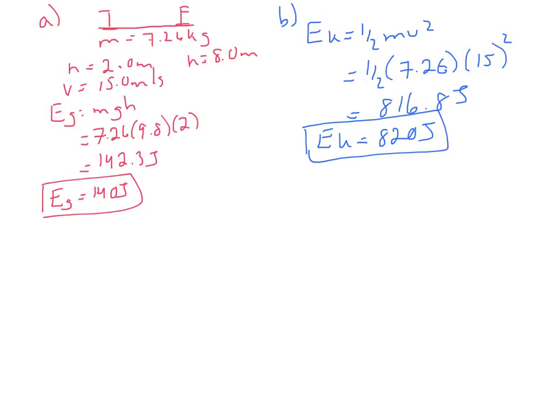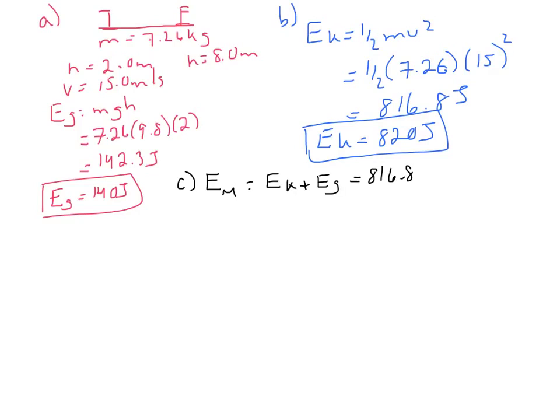C. What is the total mechanical energy of the shot as it leaves the hand? So let's just say E mechanical as it leaves the hand. Well, that's always going to be our EK plus our EG. We know EK is 816.8.